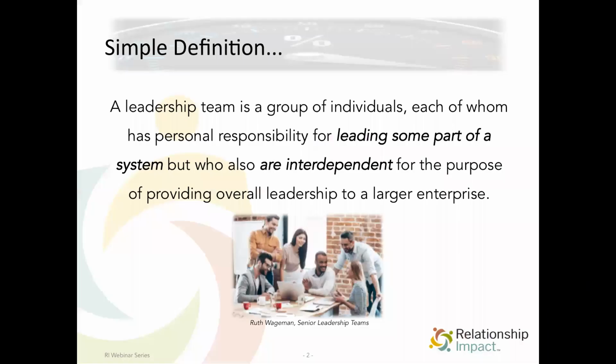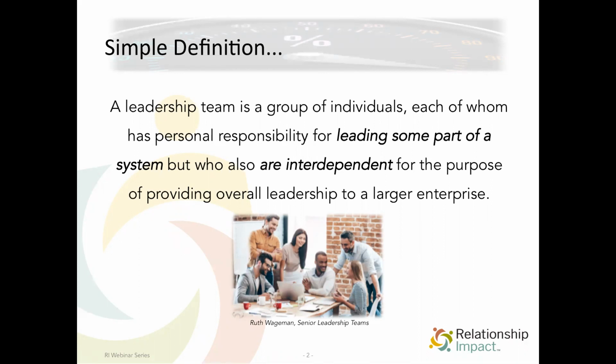Before we get started, I want to start with a very simple but important definition of what a leadership team is from our perspective. We stole this definition from a woman named Ruth Wageman, who has written a number of books on teams, but the one that is sort of like our Bible is Senior Leadership Teams. This is the definition she uses that we certainly adhere to.